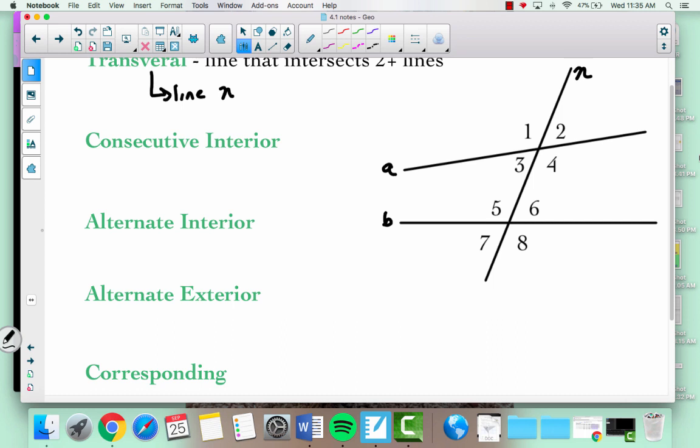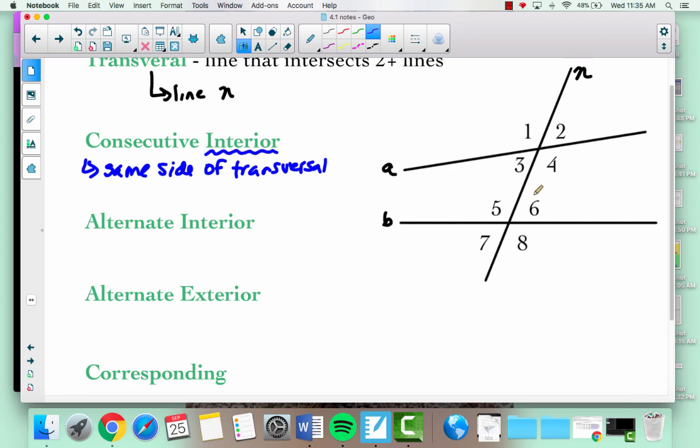The next four vocab words are going to be all talking about angle relationships. And so what we're going to do is describe their locations, and then we're going to also just show you which ones match the definitions in the pictures. So the first vocab word is the consecutive interior angles. Consecutive interior angles are going to be on the same side of the transversal, and they're both going to be interior.